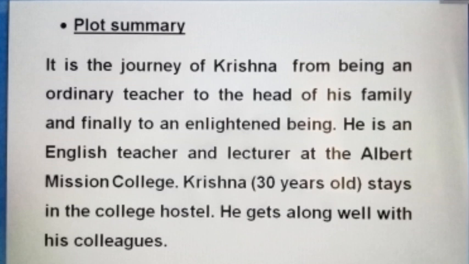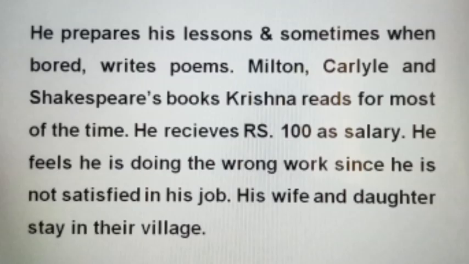Krishna is an English teacher and a lecturer at the Albert Mission College. Krishna studied in the same college earlier. Krishna is a 30 years old person and he stays in the college hostel. He gets along well with his colleagues. He prepares his lessons and sometimes, when bored, writes poems.